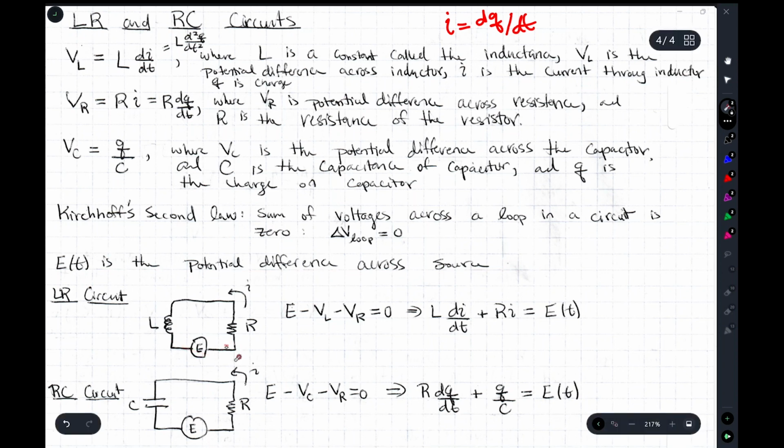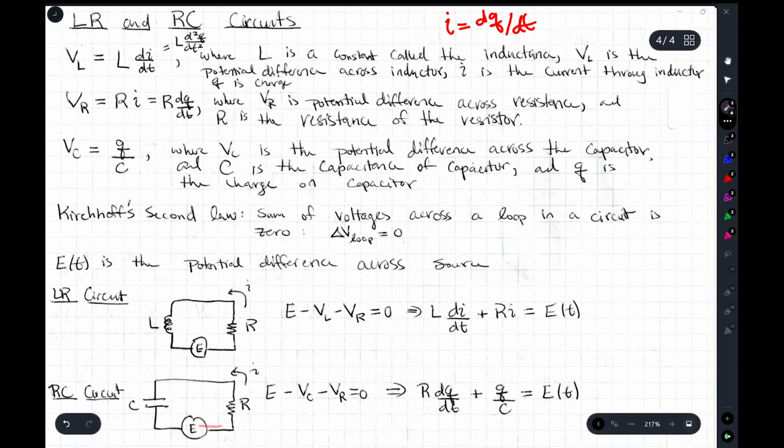Then when you use Kirchhoff's second law, you get plus E minus the voltage across the resistance minus the voltage across the inductor is equal to 0. And so you end up with this differential equation once you plug in L di/dt for V_L, and Ri for V_R. And we get a first order differential equation in I.